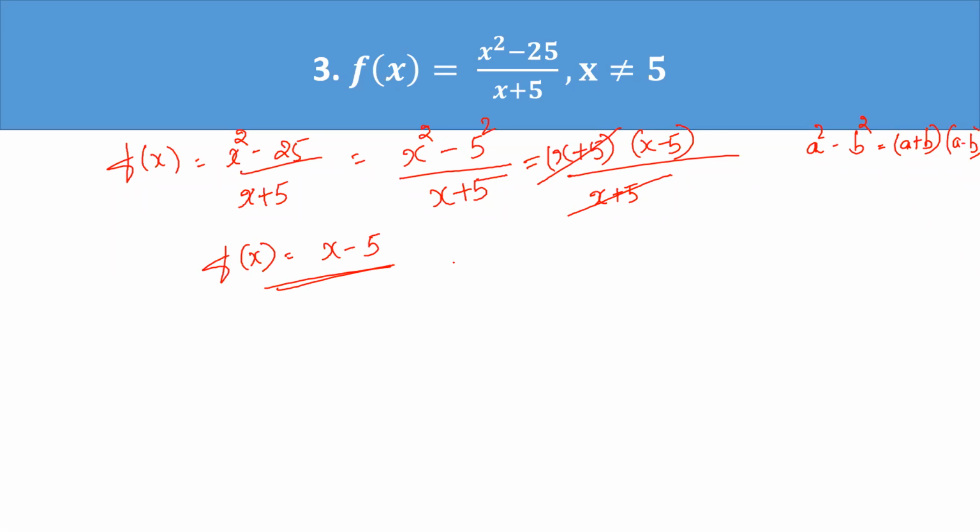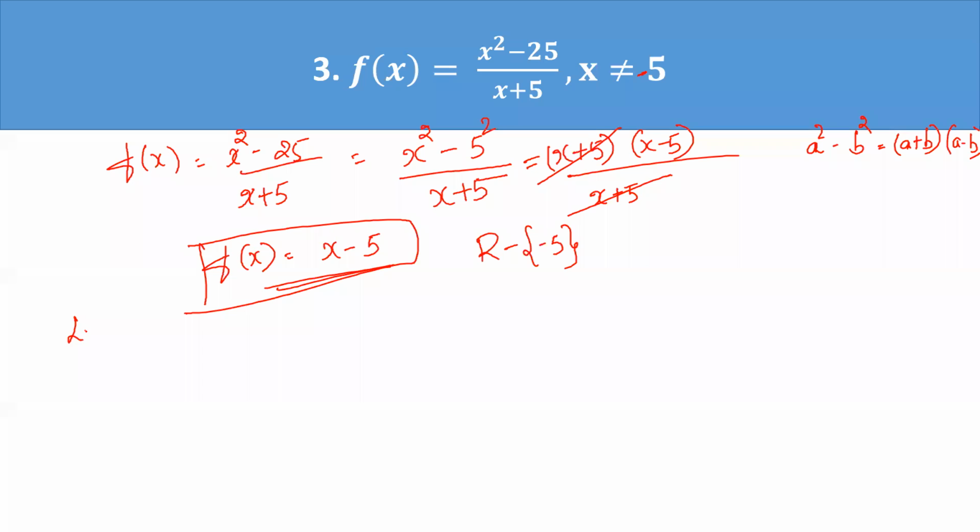Now for this function, you have to verify whether it is continuous in the entire domain except at -5, because at -5 we had already discussed the function is not defined. Except this value, you have to check whether it is continuous at all the other real numbers.